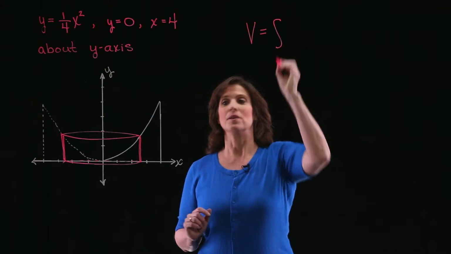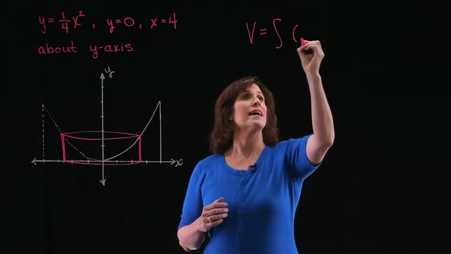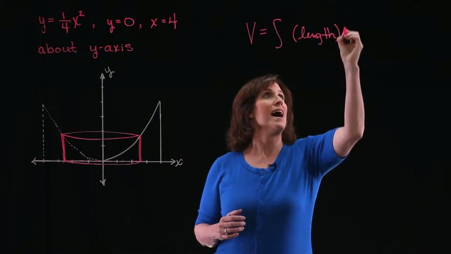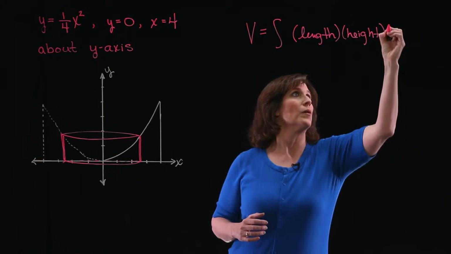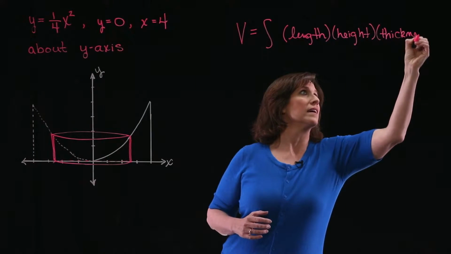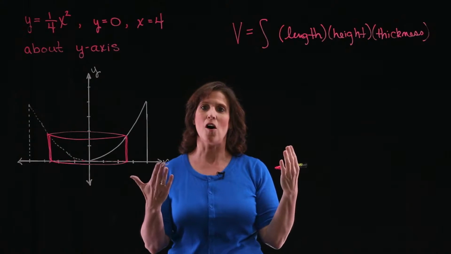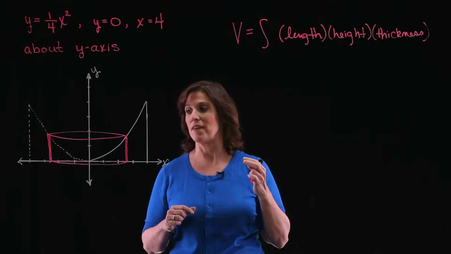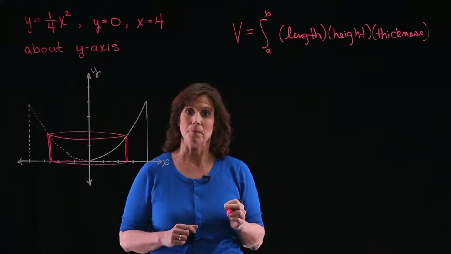We're going to take the length times the height times the width or the thickness. Each one of those will get you the volume of one of those shells. And since we want to take infinitely many of them, we're going to be integrating from a to b.